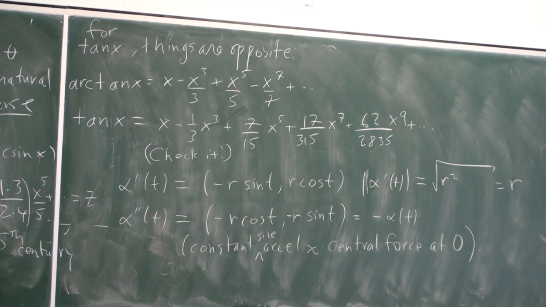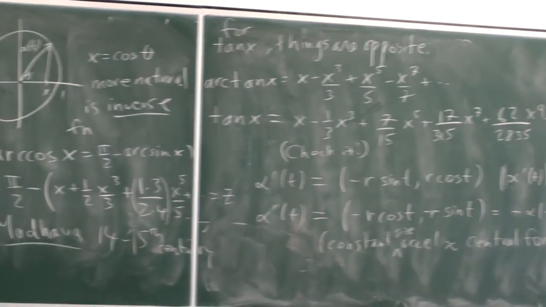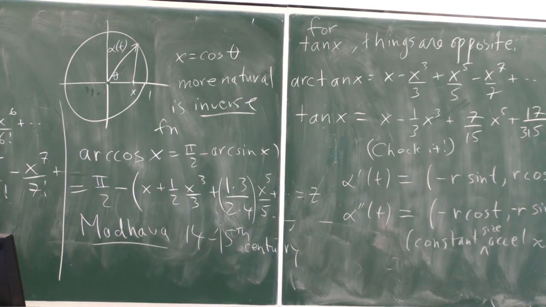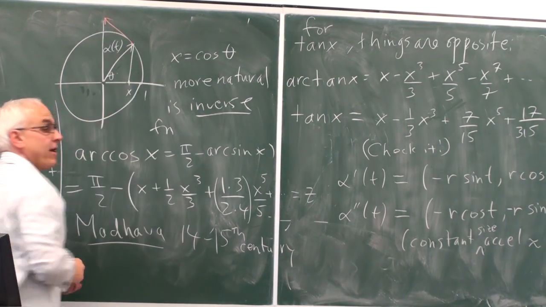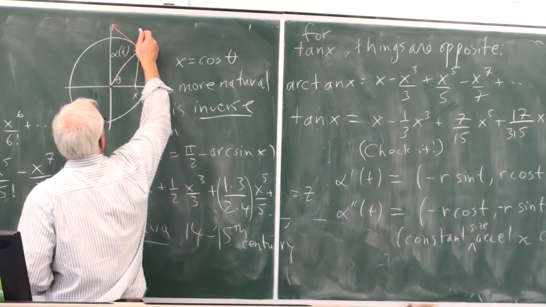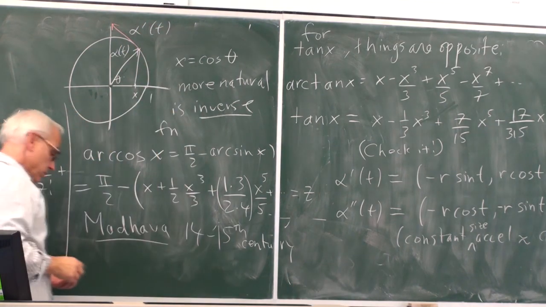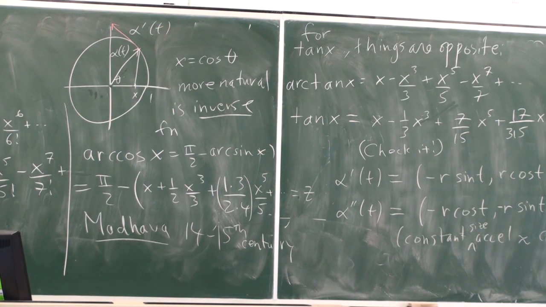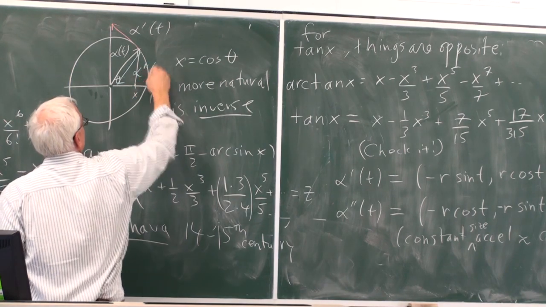So in this picture, there is the vector alpha of t, and the vector alpha prime of t, which is the derivative, would be just the thing rotated by a quarter turn. So there is alpha prime of t. And then the acceleration in this direction, alpha double prime of t.